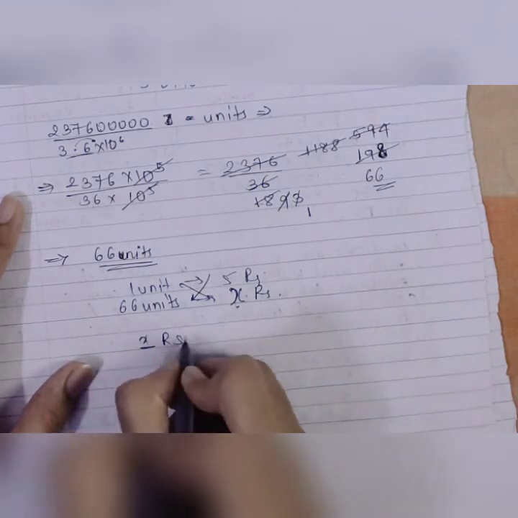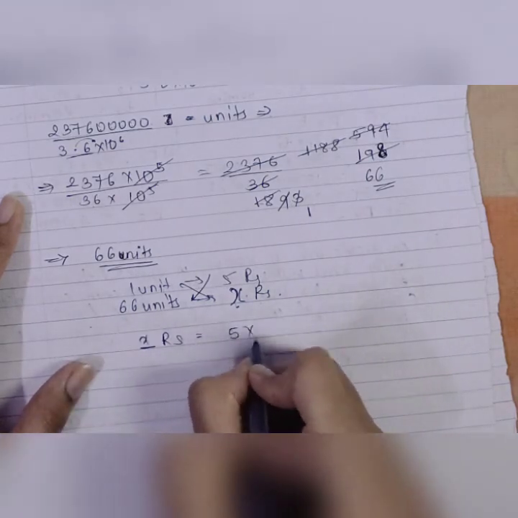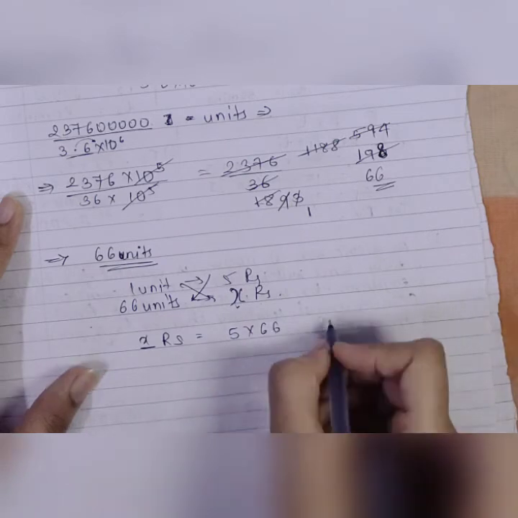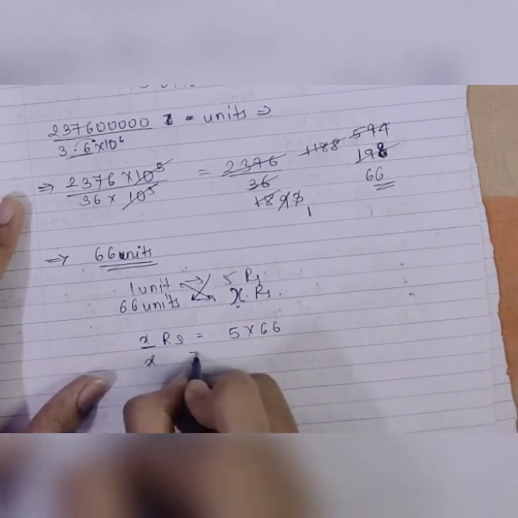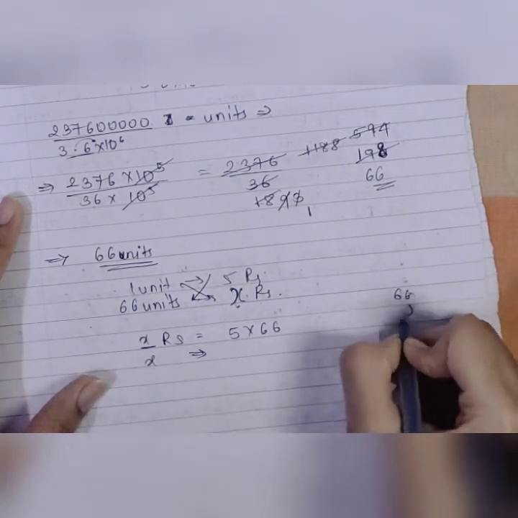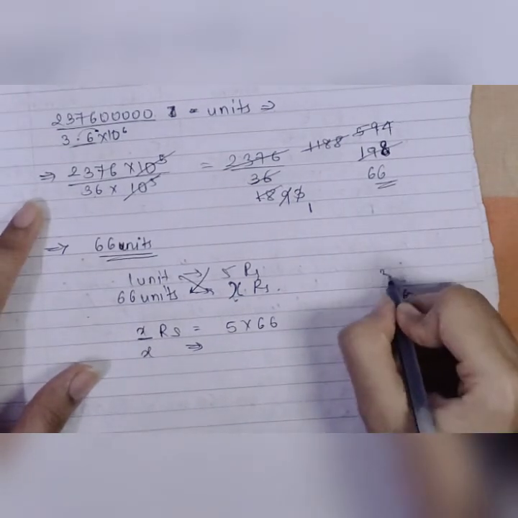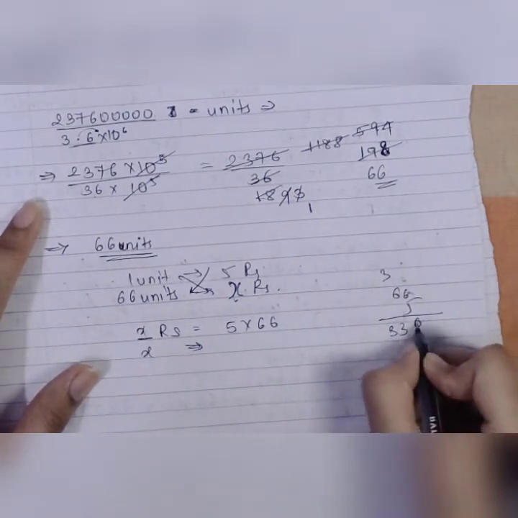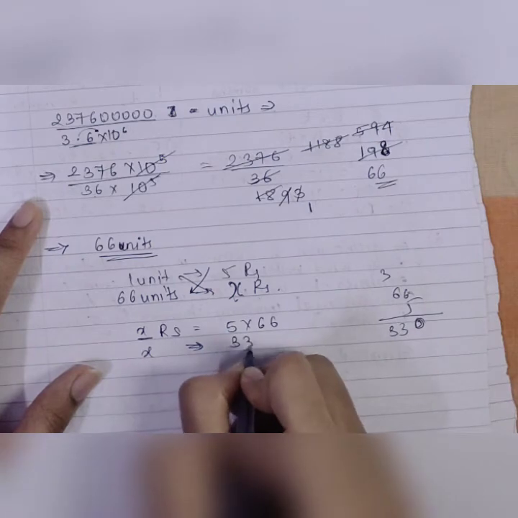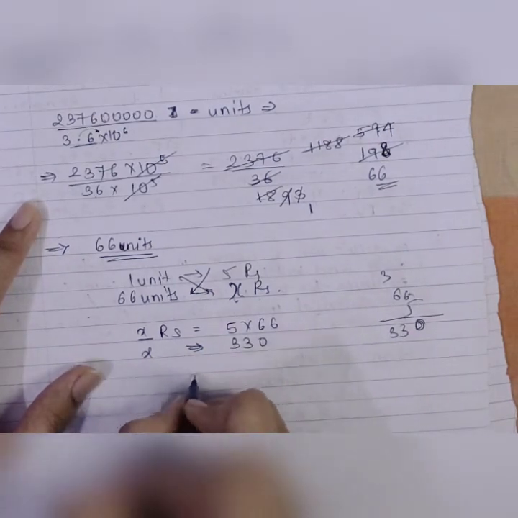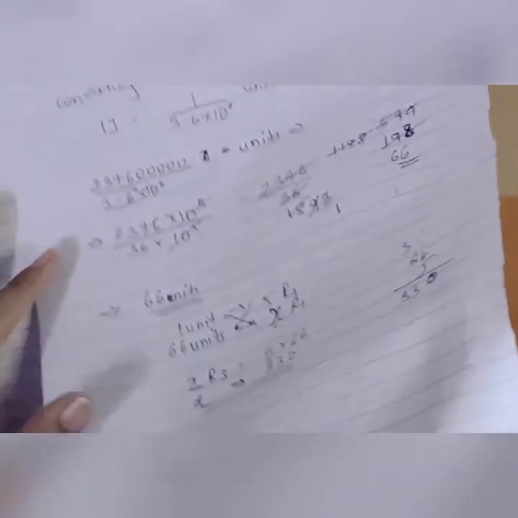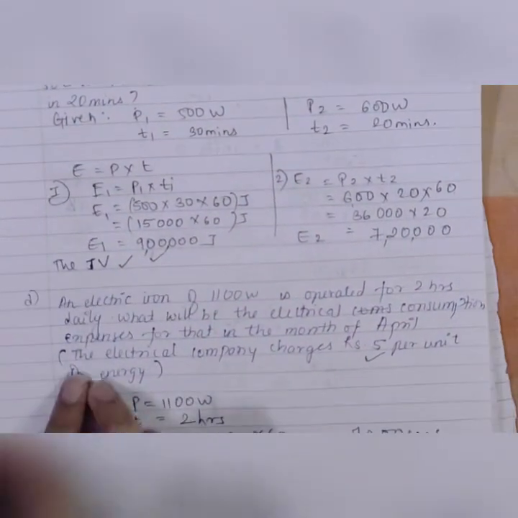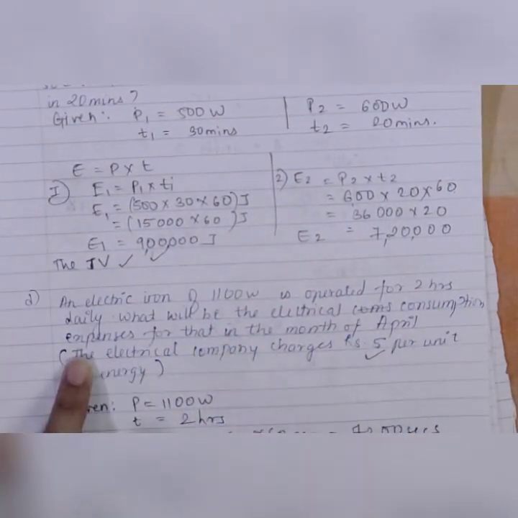So x rupees will be 5 into 66. So your x comes out to be 66 into 5, 330.